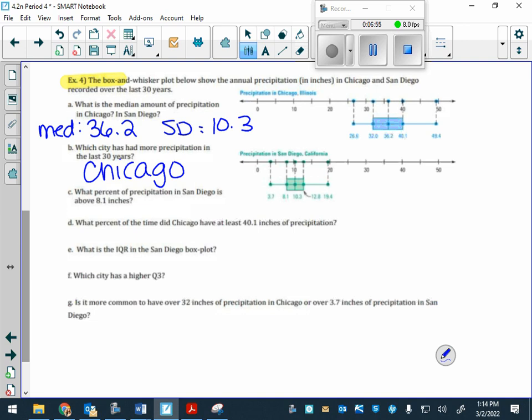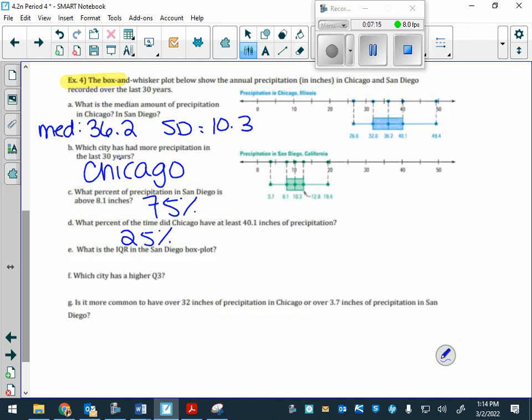Okay, what percent in San Diego is above 8.1? Diane? 75, good. Okay, what percent of the time did Chicago have at least 40.1 inches? Sabrine? 25, good.